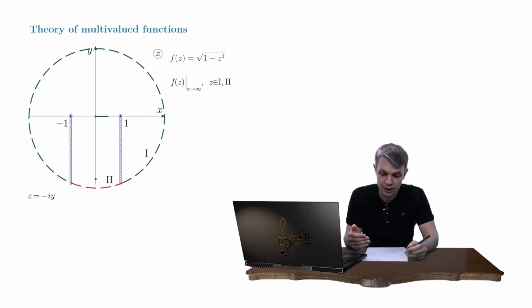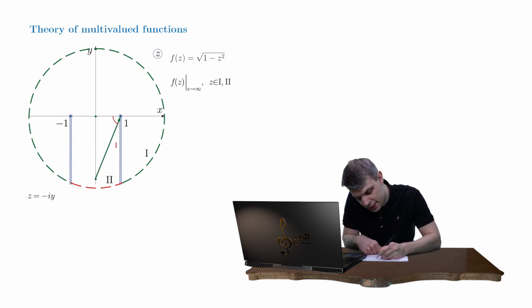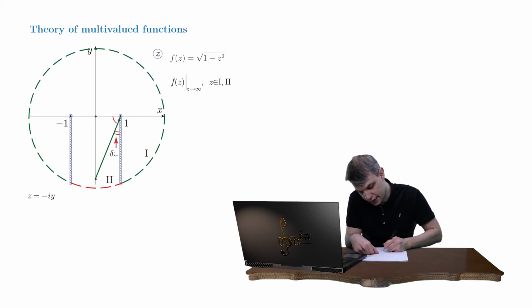For example, number 1 minus z rotates by an angle almost pi by 2 in the counterclockwise direction, but not quite by pi by 2. As we see, there is some small angle left. Let's denote it delta phi. You can easily find this angle as the arctangent of 1 over y. So the change of the argument of our 1 minus z number is now pi by 2 minus this angle delta phi.